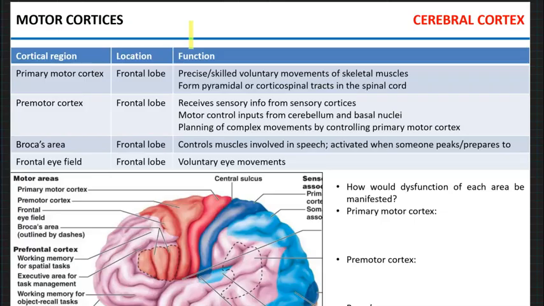I'll give you examples, don't worry. And I will 100% ask you about the location of cortices. So let's start with the motor cortex, and I will provide you with an example of a question that you can see in the exam. Okay? So we're going to start with, first of all, motor cortices, no exception, are in the frontal lobe.